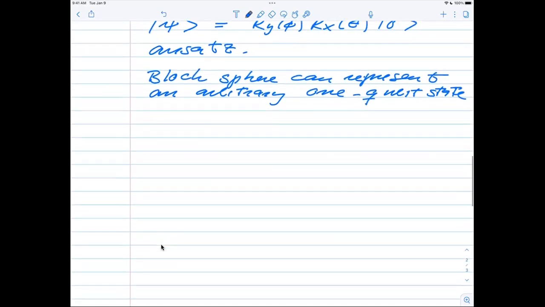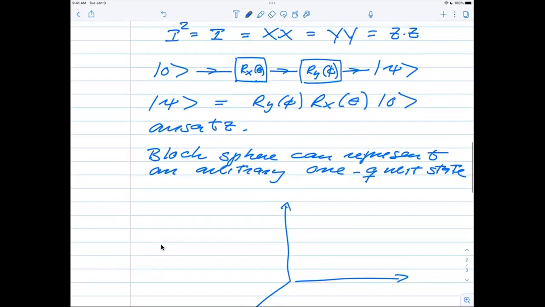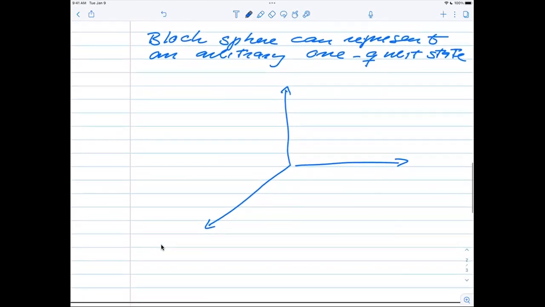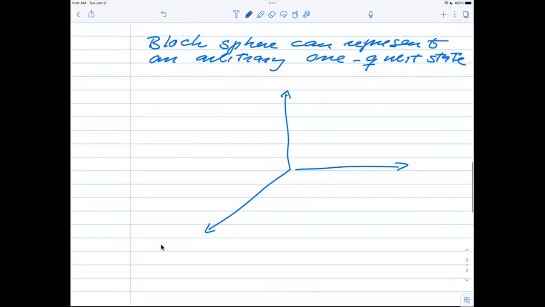So let's try to make a drawing of it. My drawing skills are not optimal here. The angles theta and phi here are not the same as what we have in the example above. In the example above, the angles phi and theta are just variables. So you could now think of having an ansatz for a state which depends on 2 variables. We have the z-axis, the x-axis, and the y-axis.